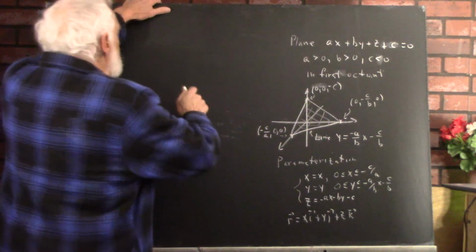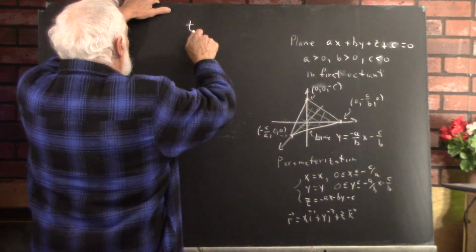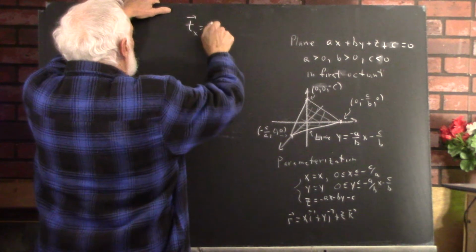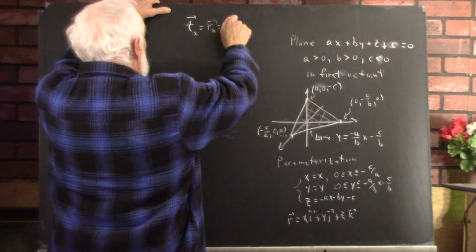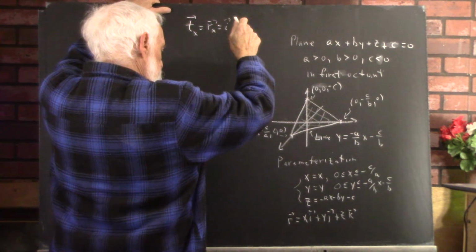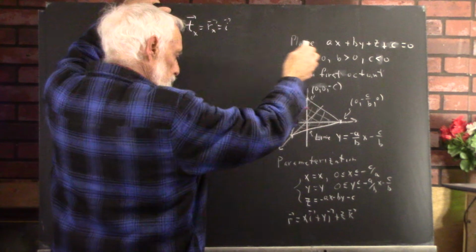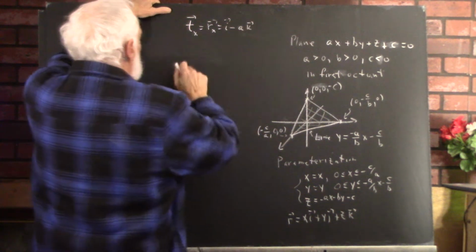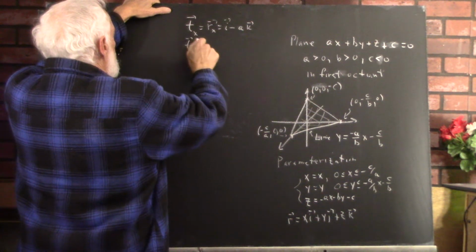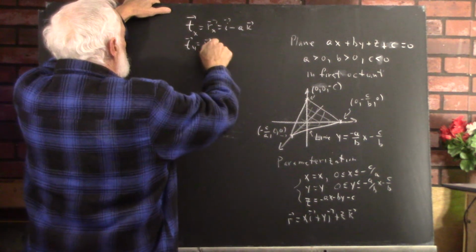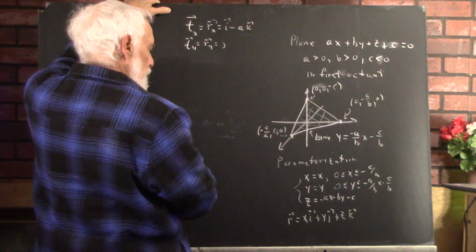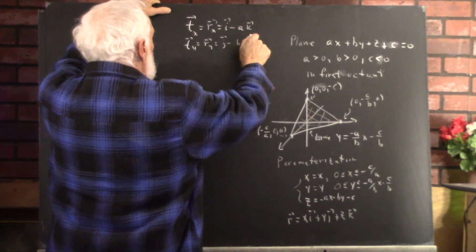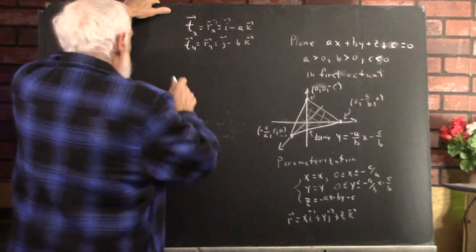So that Tx equals Rx, which is i minus a k. Ty equals Ry, which is j minus b k.